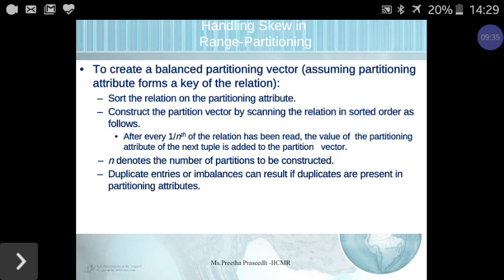Then the values are stored on the basis of those partitioning vector values. So what is happening? The load can be balanced equally. Here n denotes the number of partitions to be constructed. Duplicate entries or imbalances can result if duplicates are present in the partitioning attribute.